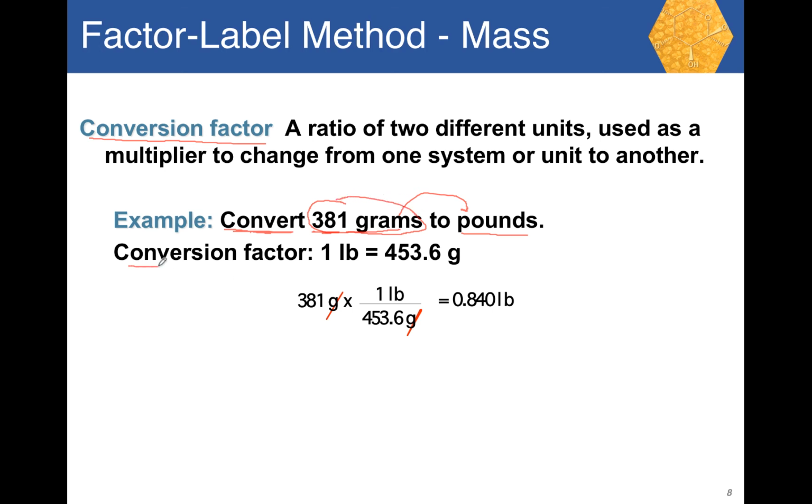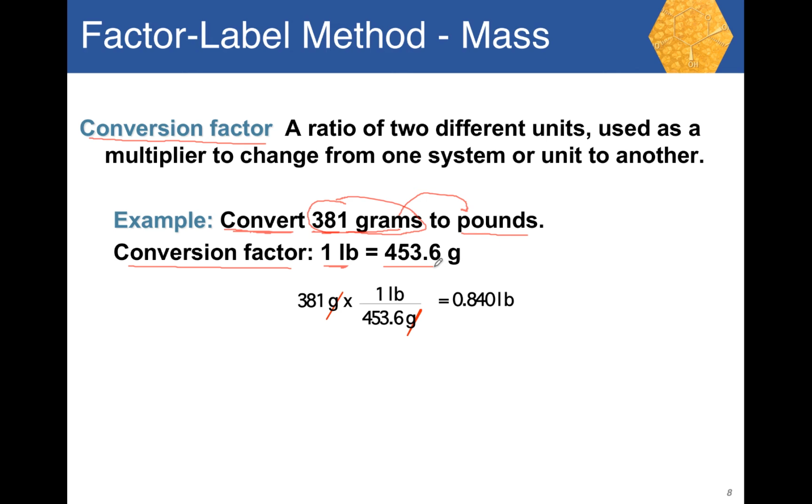You need the conversion factor. 1 pound is equal to 453.6 grams. You will always be given this.